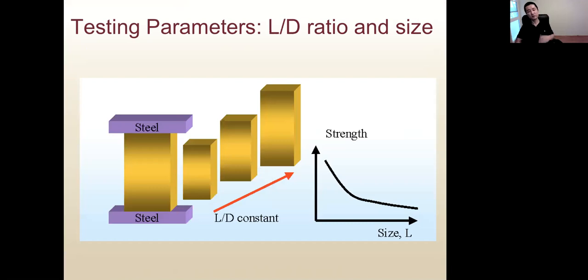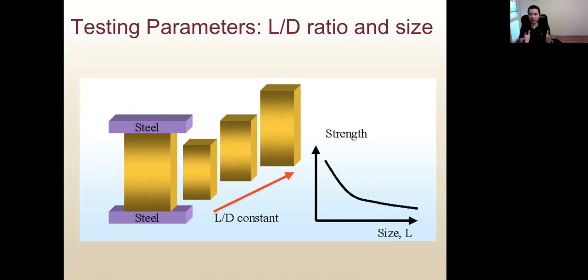Even the shape of the specimen has an effect on the strength. Here, if we keep the L to D, which is the length of the specimen to diameter ratio, constant and increase the size, the strength will go down. The reason is that when we increase the size of concrete, we increase the amount of material.